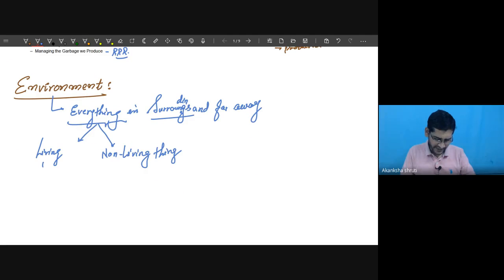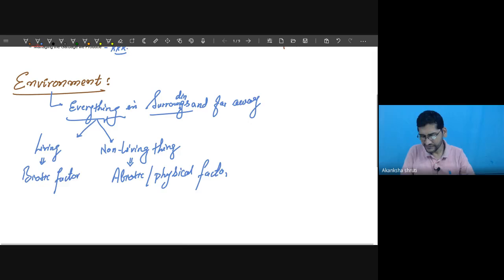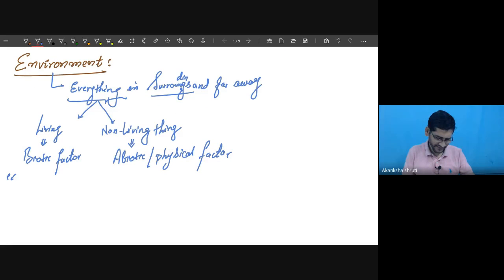These living things in biology are called biotic factors. The non-living are called abiotic, or sometimes also called physical factors. For example, around us there are plants. So plants are part of the environment.